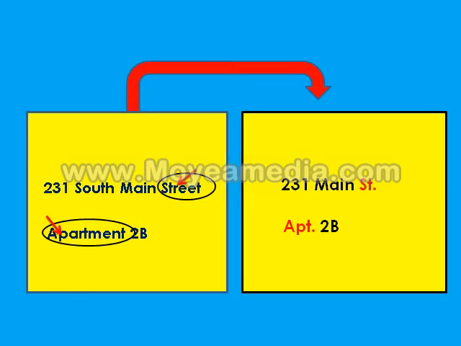So let's have the third example. Sunset Boulevard. Which among these two are we going to abbreviate, Sunset or Boulevard? Good job. So it is Boulevard. And how are we going to abbreviate the word Boulevard?